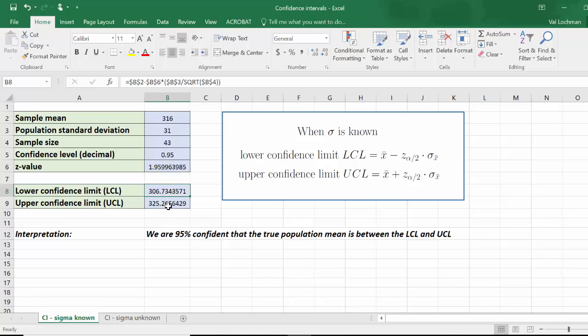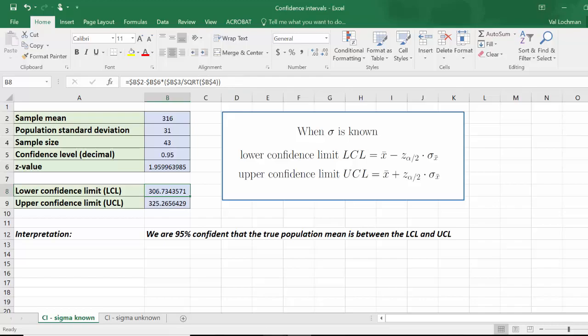And then the next two commands will pretty much use this formula right here, these two formulas, to compute the upper and lower confidence limits. Okay, so if you actually click on the cells, you'll see exactly what's going on. This is your sample mean minus the z value times the standard error.